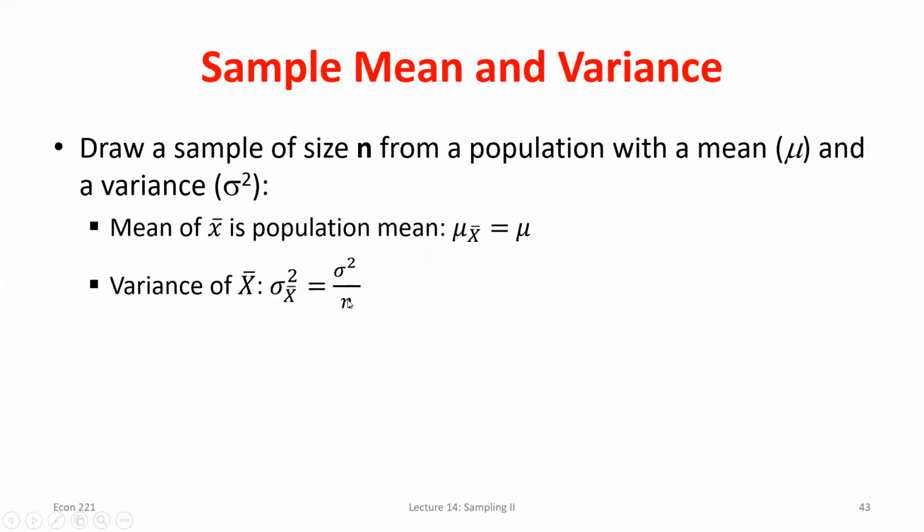As I take a higher sample size, what happens to the variance of those sample means? If the sample size goes up, the variance of my sample means, dividing by a larger number, goes down. So if I get really, really large samples, I can guarantee there's a very low variance in my sample means.